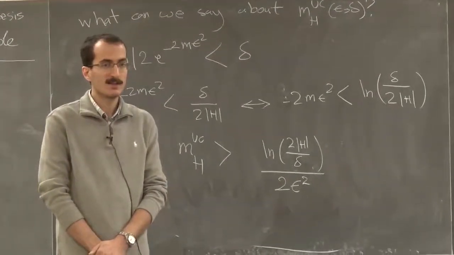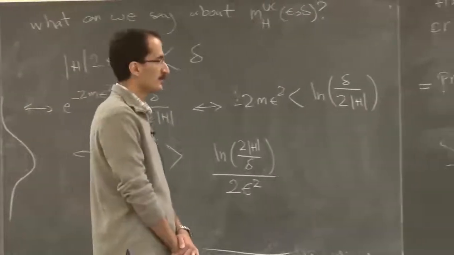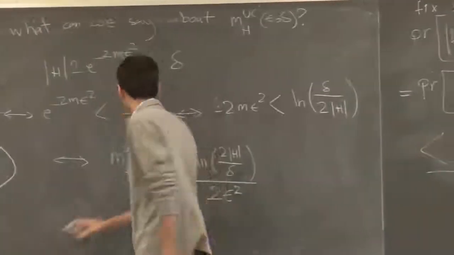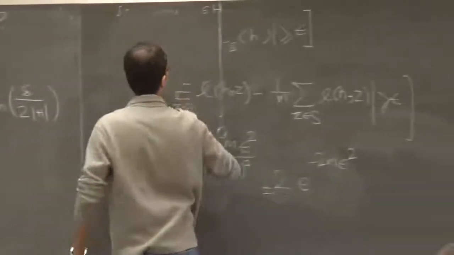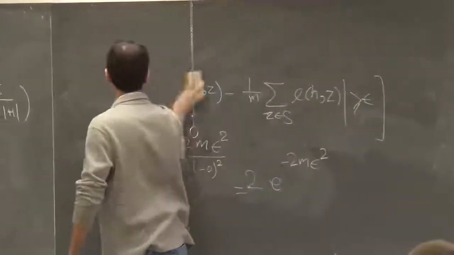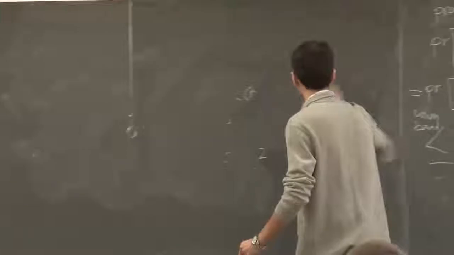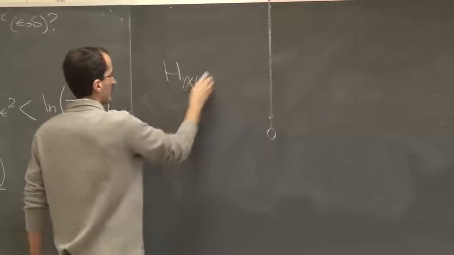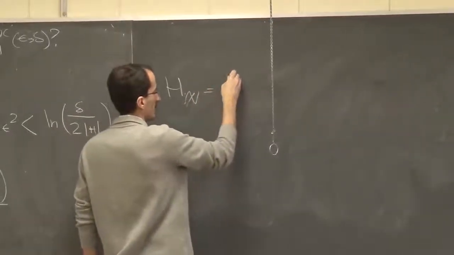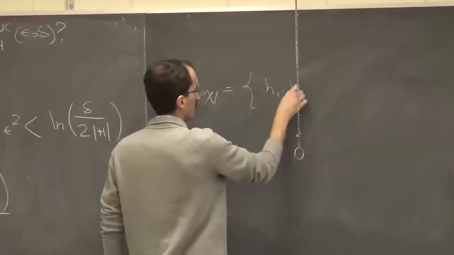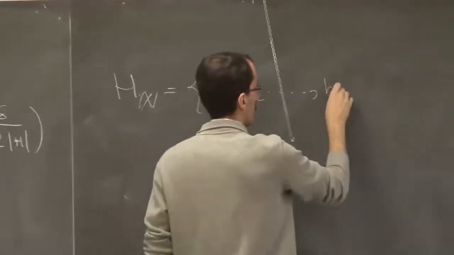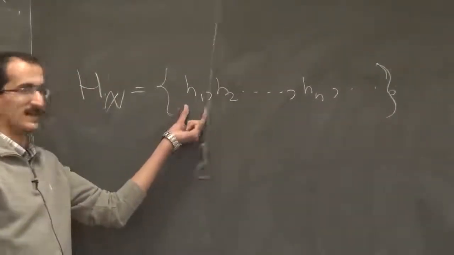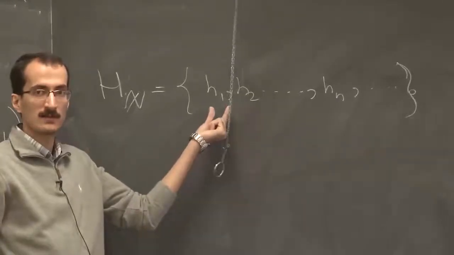Assume that you want to do it for an infinite hypothesis class. So I have some infinite hypothesis class, which is h1, h2, hn, and it keeps going. I can bound the probability that this one fails, I mean, its true error is not close to its empirical error.